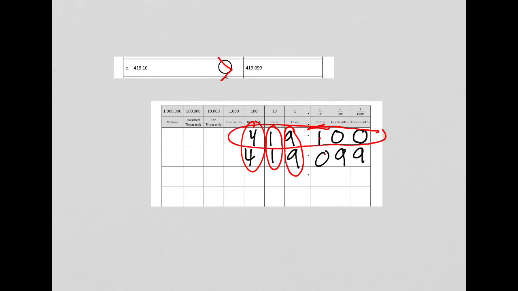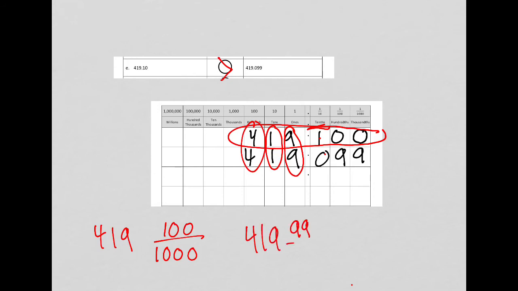Even though it has fewer decimal digits, it's a 10 versus a 099. That 10 is in a bigger place value. Think about it like a fraction if it's easier for you to see it that way. So it's 419 and 100 thousandths versus 419 and 99 thousandths. 100 is bigger than 99.